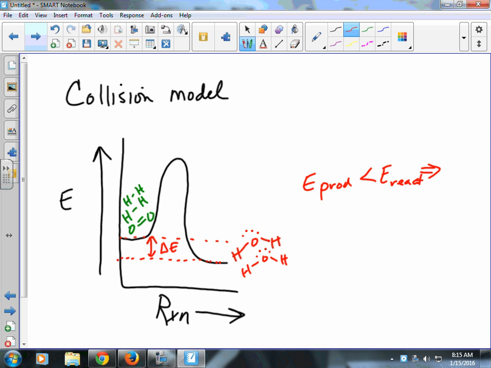Exo, that's exothermic. What would endo be? If the reactants had less energy than the products, then the reaction would be endothermic.